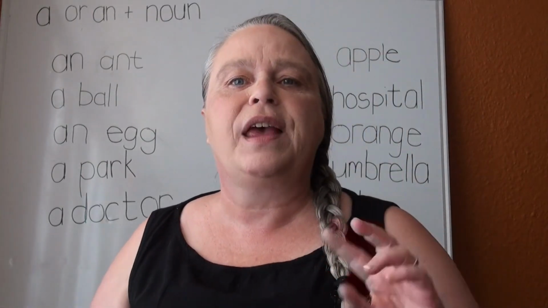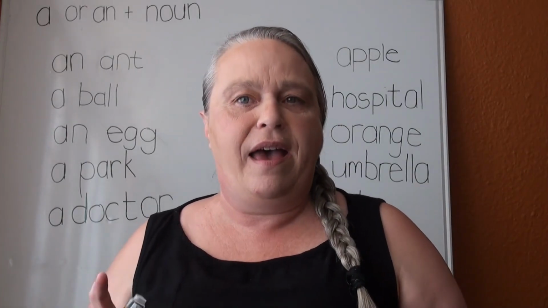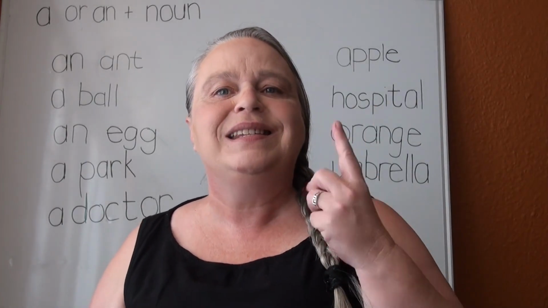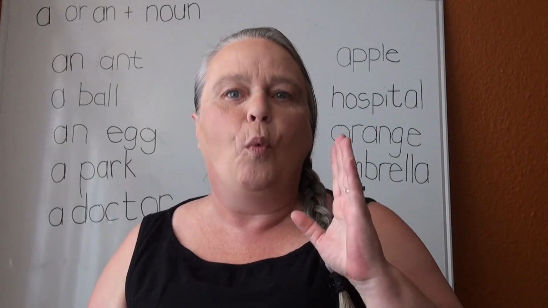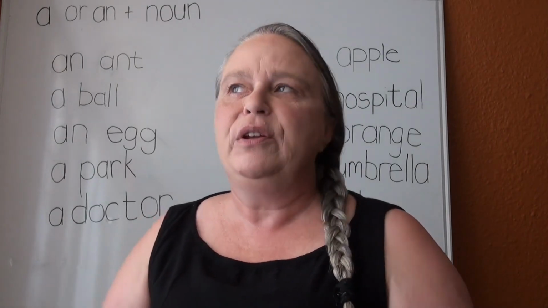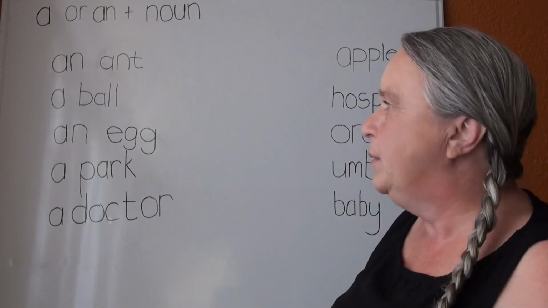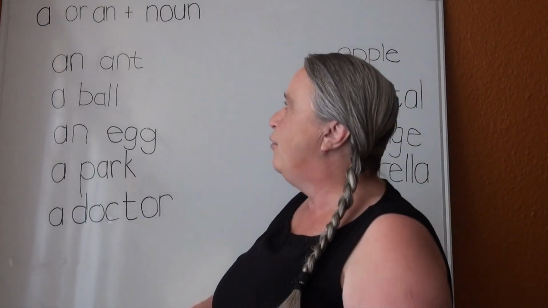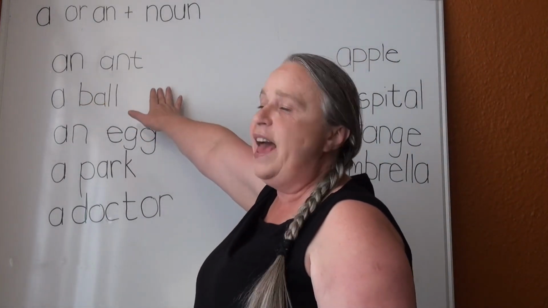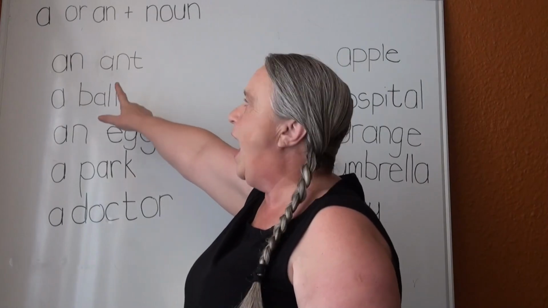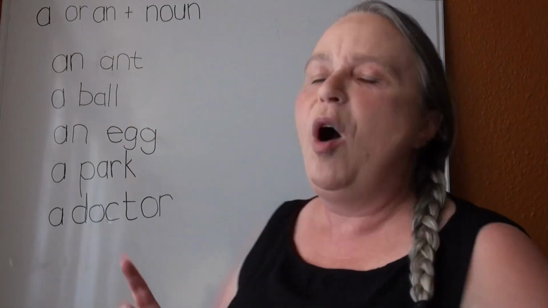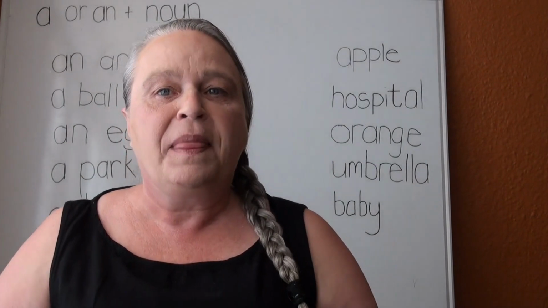So we use a or an in front of a singular noun, one noun. If we look at the examples on the board, you'll see I have an ant. An ant. Why an ant?